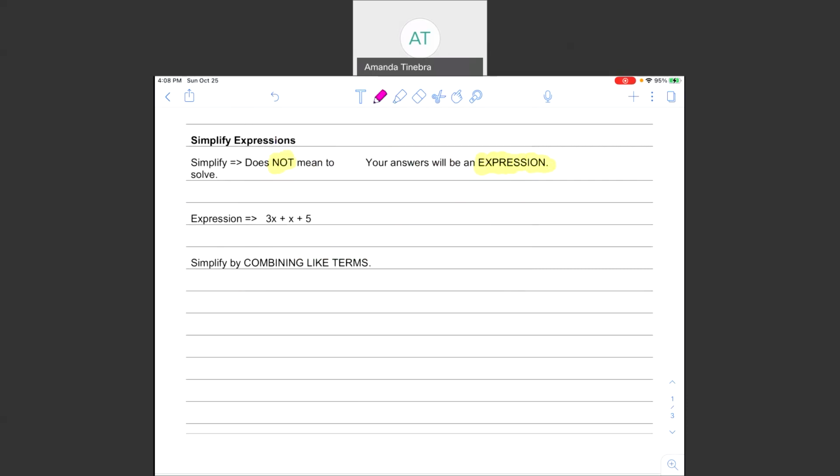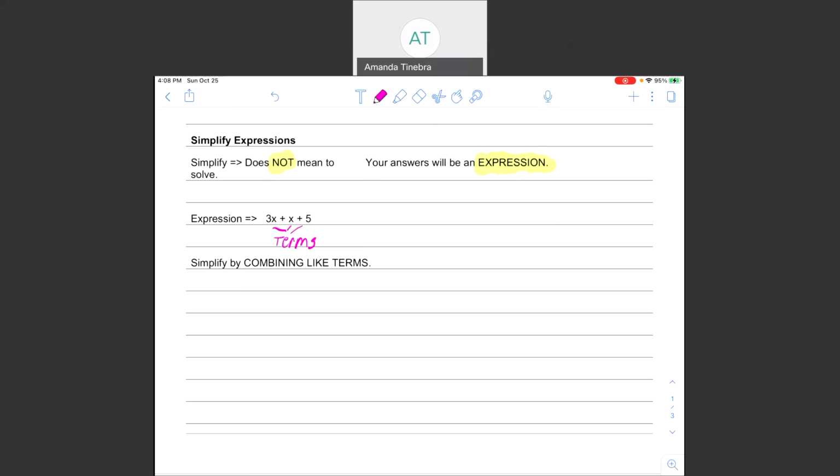When we look at this expression, the 3x, the x, and the 5 are all known as terms. These are the different sections of the expression that are separated by an addition or a subtraction.